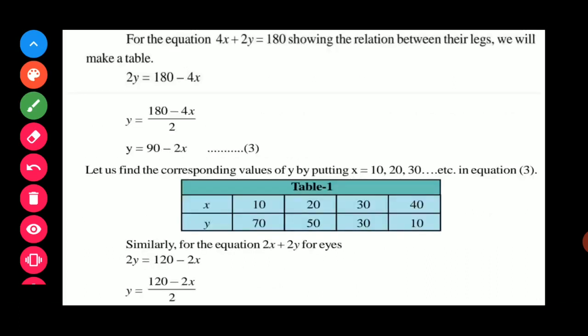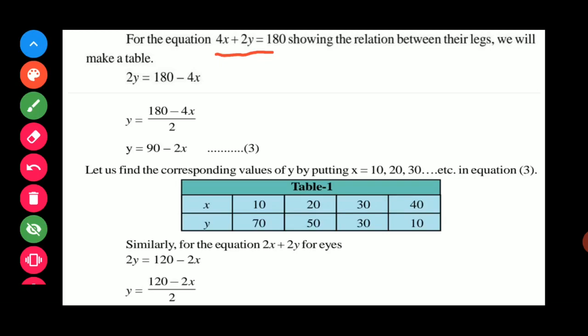So this is your equation, for example, 4x plus 2y is equal to 180. Now transfer 4x to the right hand side.